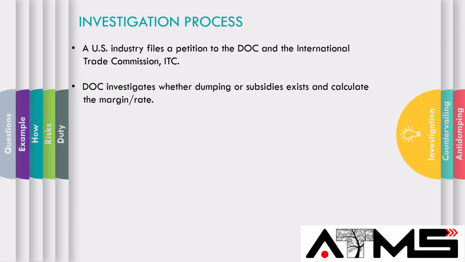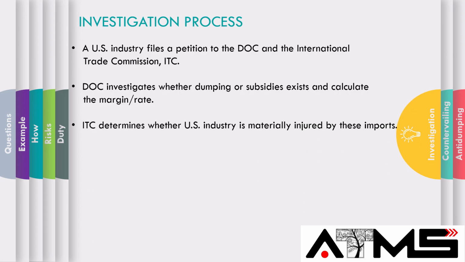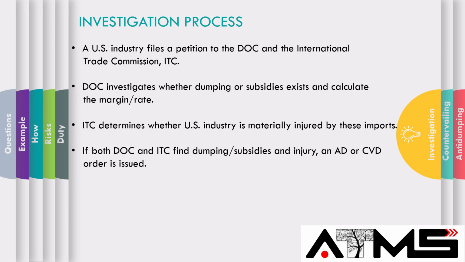The Department of Commerce then determines whether the dumping or subsidies exist and calculates the margin of unfair pricing. The ITC evaluates whether the U.S. industry has suffered material injury. If both agencies agree, then AD or CVD orders are issued.